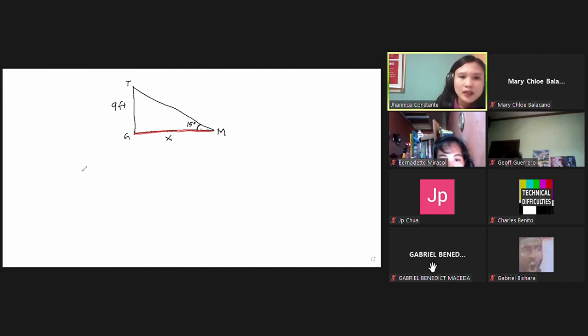So tan 15 degrees equals the opposite side, which is 9 feet, divided by the side which stands for x. So tan 15 degrees times x is equal to 9 feet. Divide both sides by tan 15 degrees.